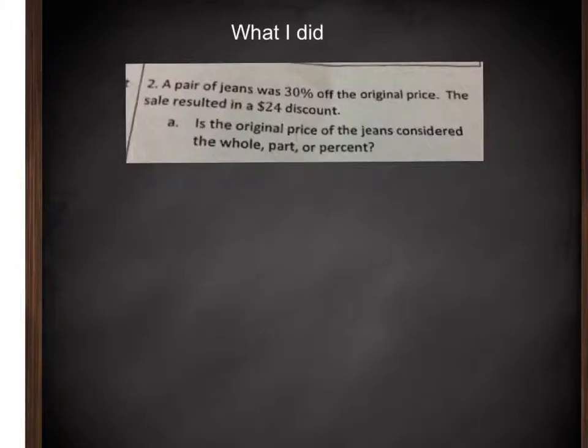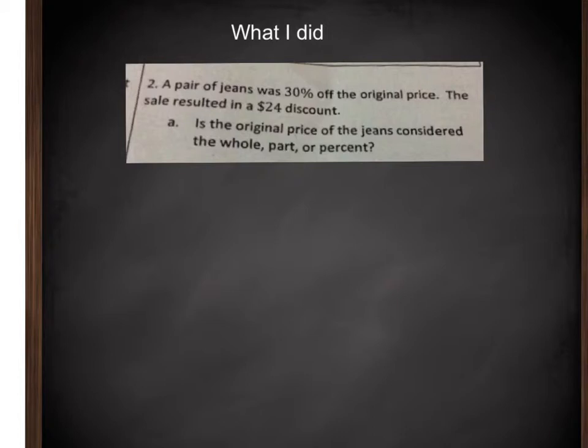A pair of jeans was 30% off the original price. The sale resulted in a $24 discount. Is the original price of the jeans considered the whole, the part, or the percent? Well, first of all, the whole is basically what the original price is.